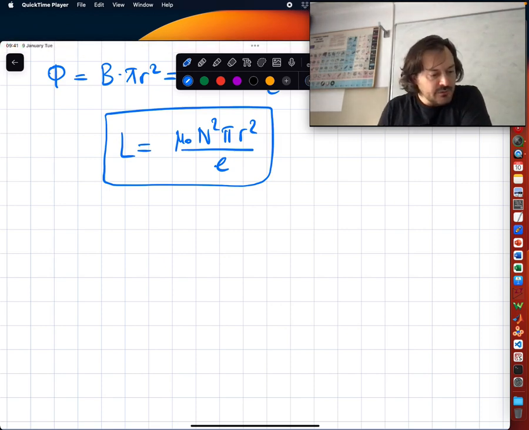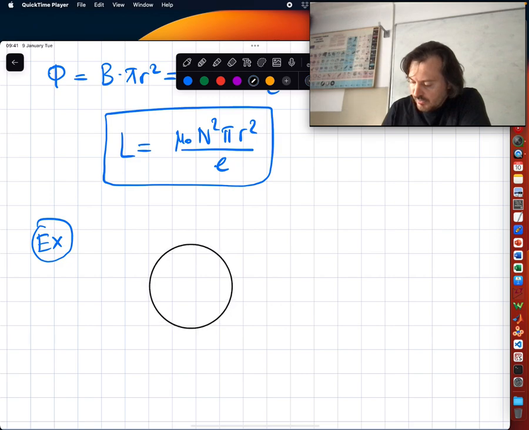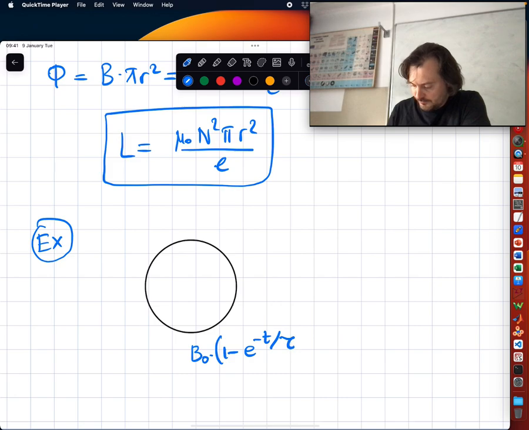So, in a circular region of space in the xy plane, there exists a uniform magnetic field which changes in time according to this expression. So, I have a circular region of space, and inside the magnetic field is B0 times 1 minus e to the minus t over tau. It points outwards, okay?